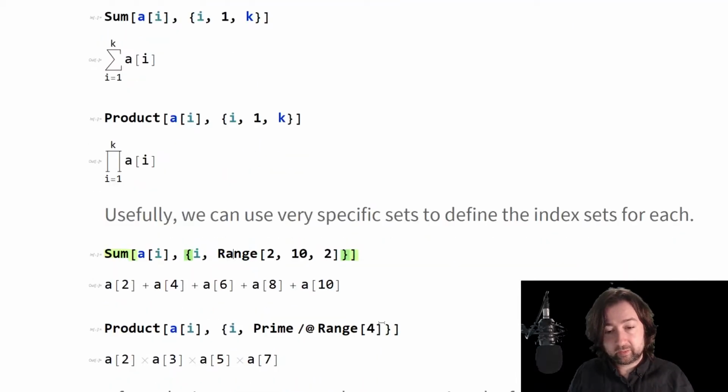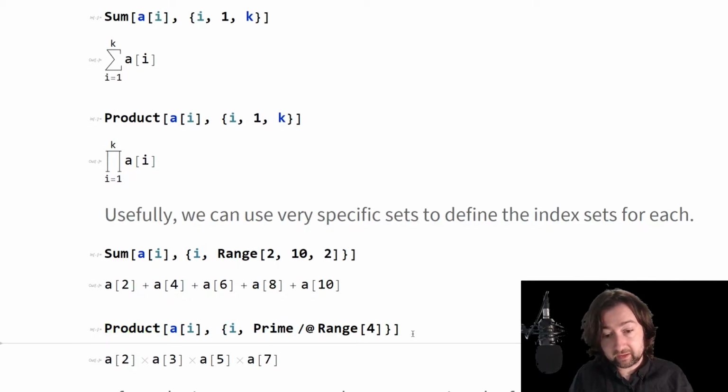Likewise, in this Product structure, suppose that you want something indexed by prime numbers. Well, this is what this would do. We have a Range of 4, so that's the numbers 1 to 4. We apply the Prime command to that in a list way, so we're mapping it on, which means we get the first, second, third, and fourth prime. Then the Product is actually using those numbers as the index set for this product that it is computing, which is why we get a_2 times a_3 times a_5 times a_7.